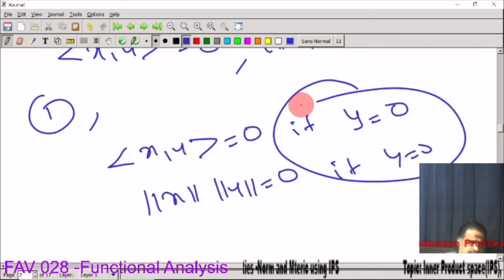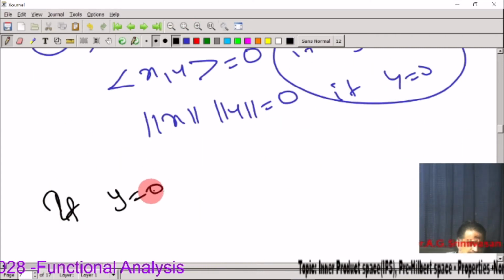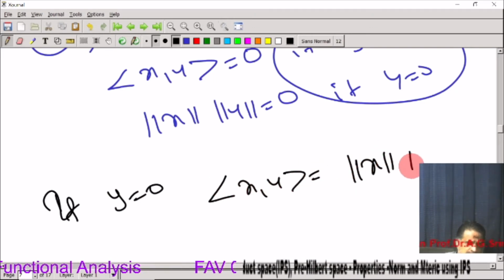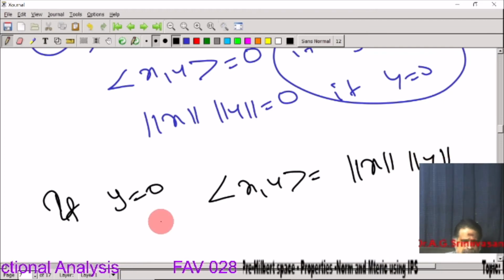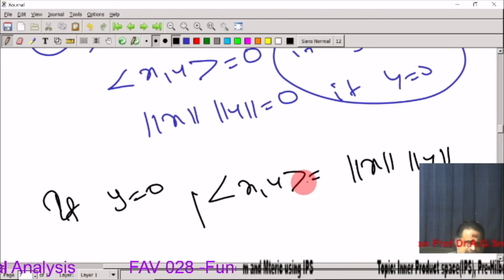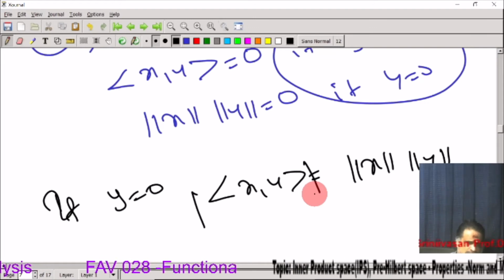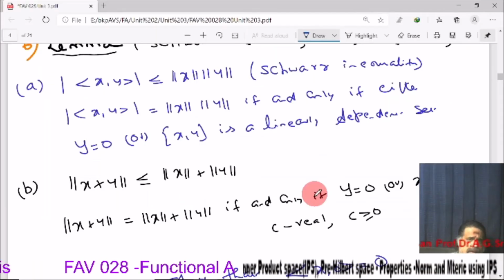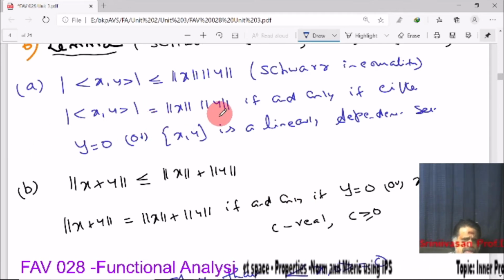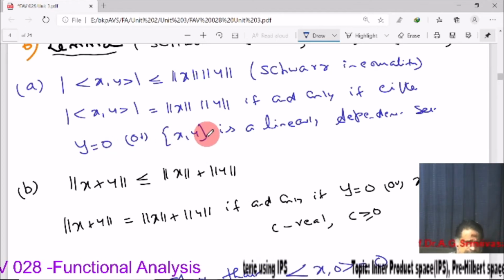So combining these two, if y is equal to 0, modulus of inner product xy is equal to norm x into norm y. That's the first observation. So the equality holds in the Cauchy-Schwarz inequality if y is equal to 0, as a matter of fact. Of course, we will prove this a little later.